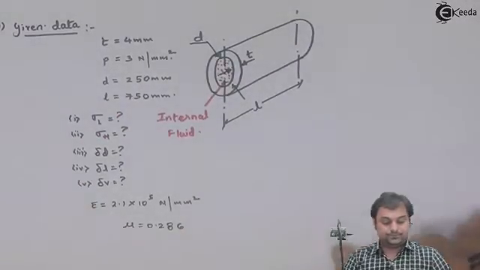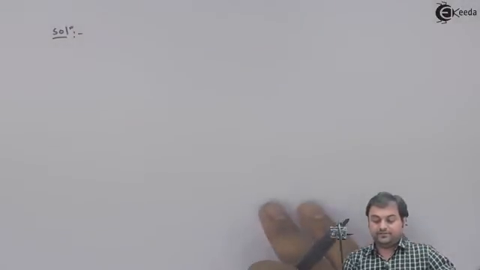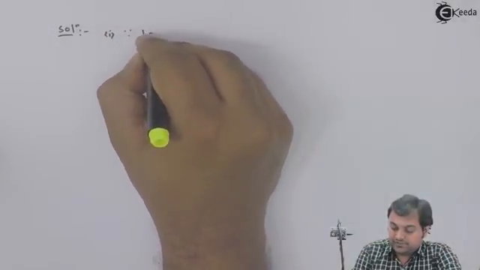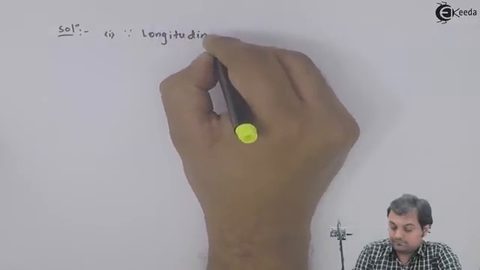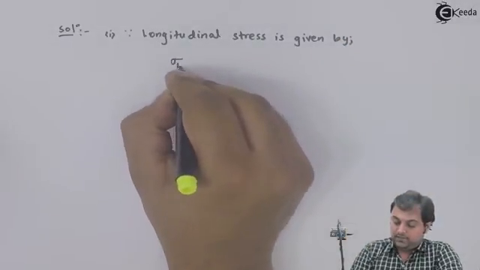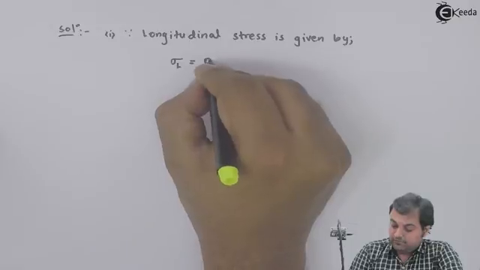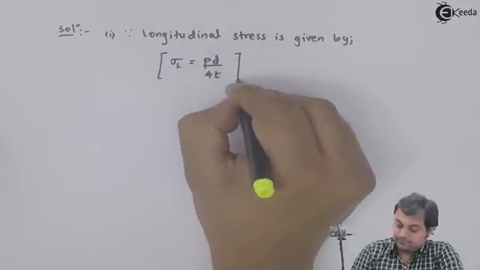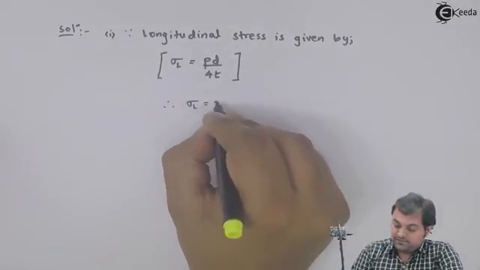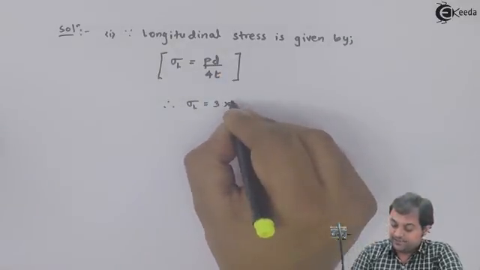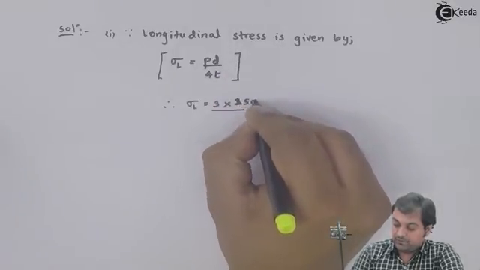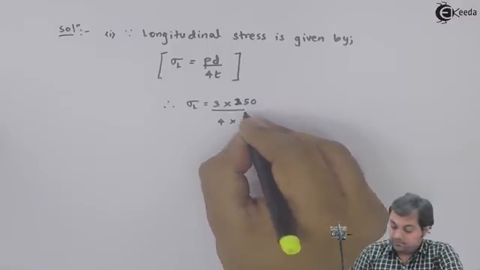So first, since we are considering longitudinal stress, which is given by sigma suffix L is equal to PD upon 4T, where P is the internal pressure, and in this problem P is given as 3, the internal diameter is 250, and 4 into thickness is 4 mm.